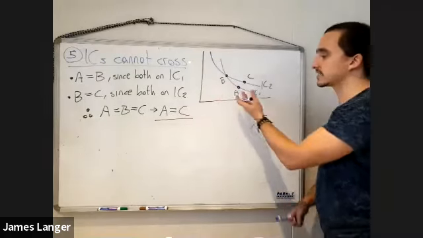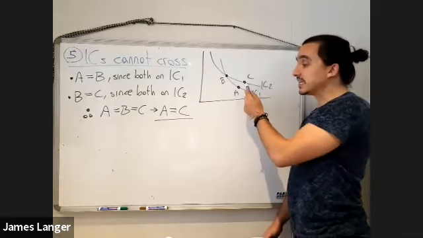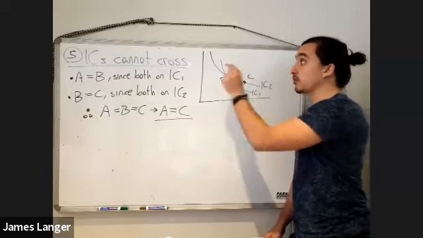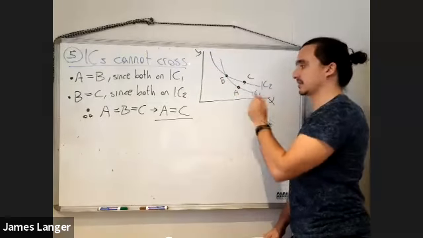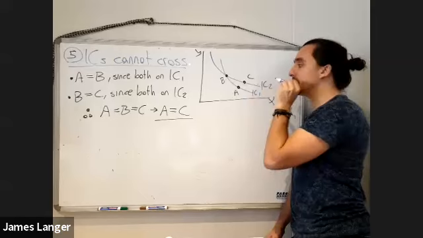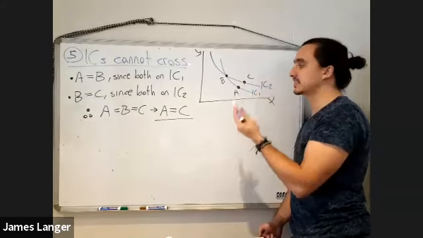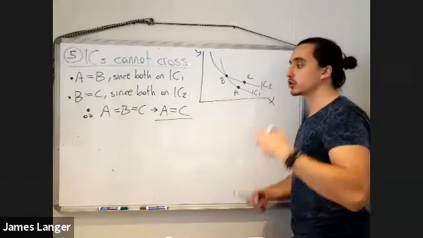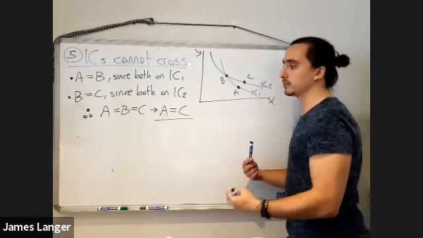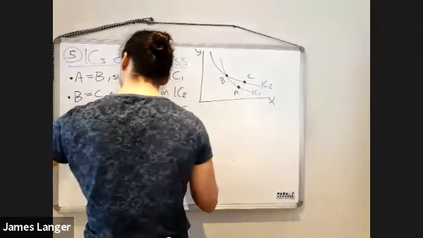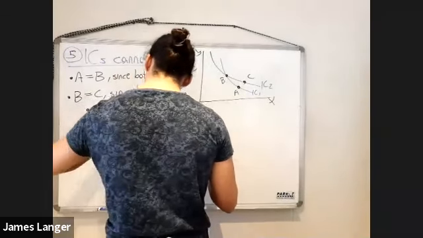But guys, tell me, if C has more of both Y and X, can C be equal to A? Can C be equal to A if C has more of both? No, it can't be. It's not possible.